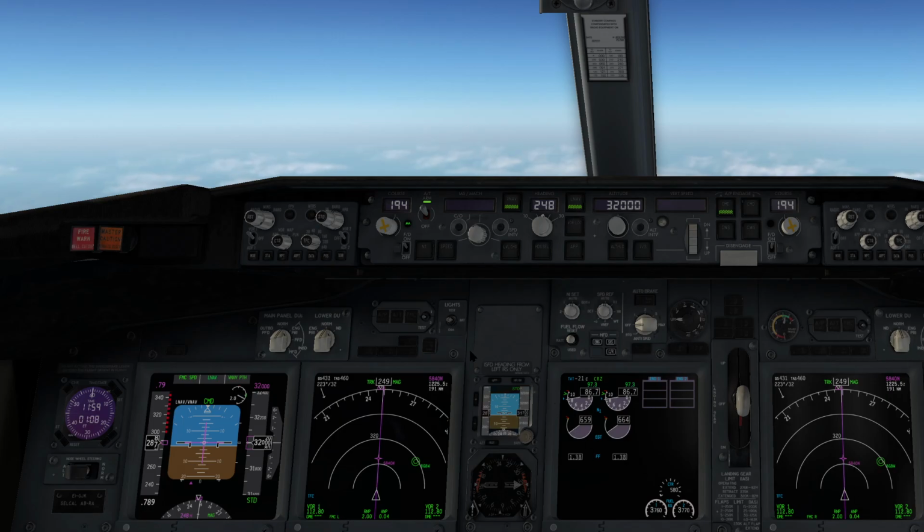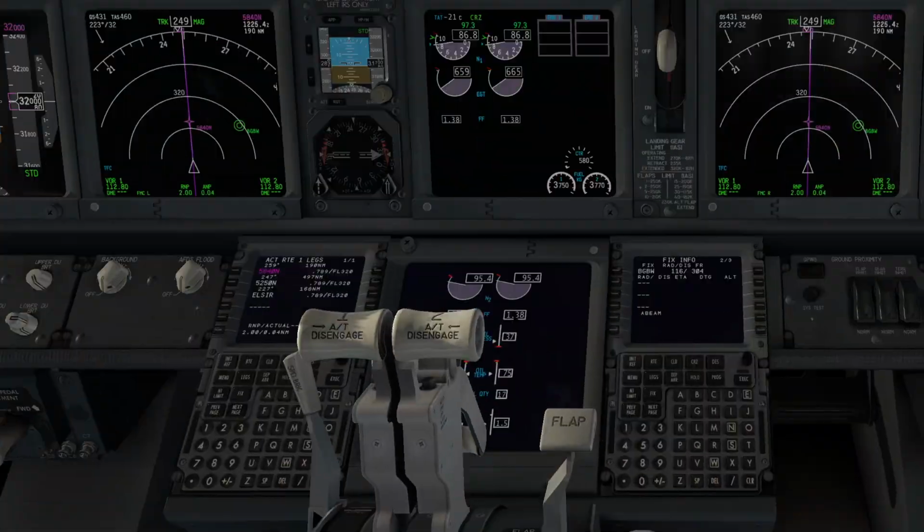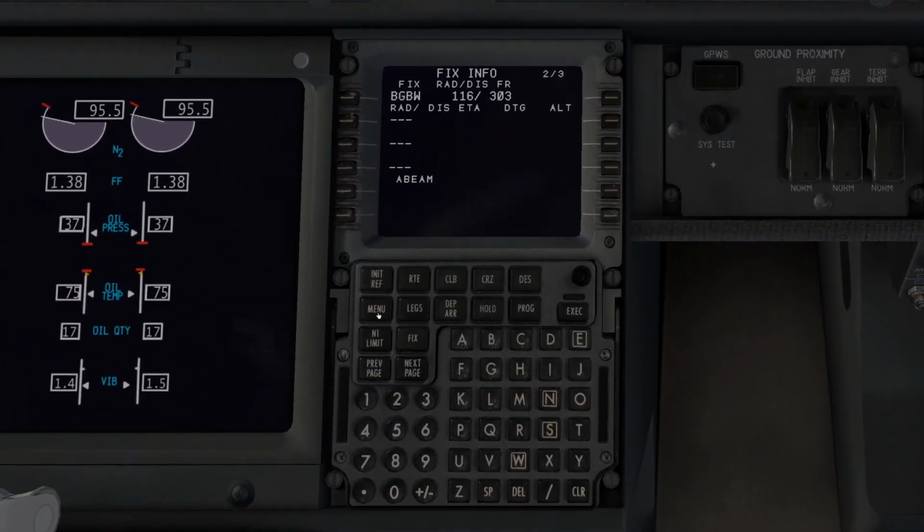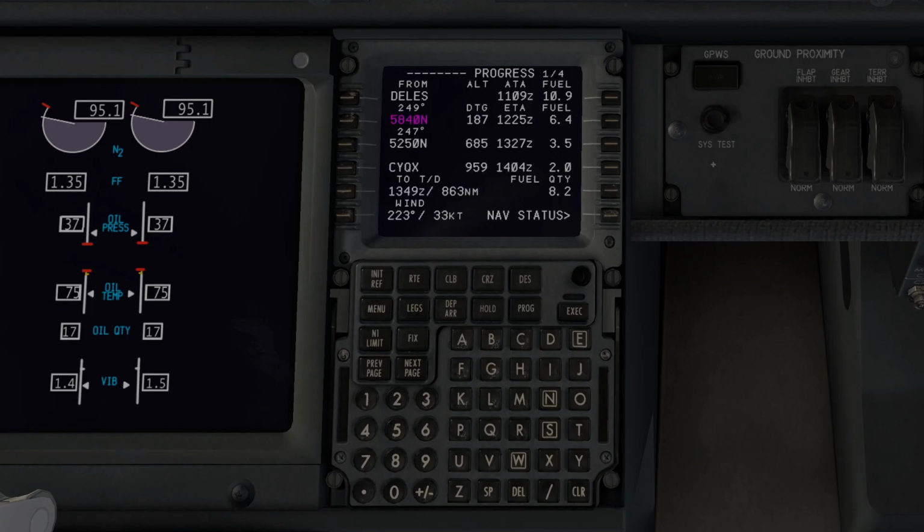If we check the FMC, we have one intermediate airport in Greenland, Bravo Golf Bravo Whiskey, which is currently at 303 nautical miles. From Keflavik to return we are at 430 nautical miles, and the airport at our destination is at 959 nautical miles.